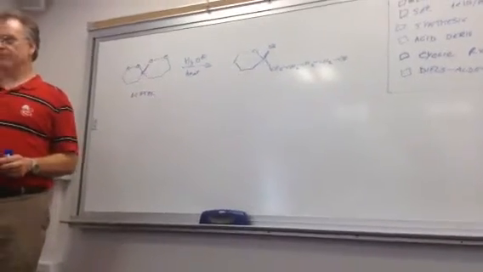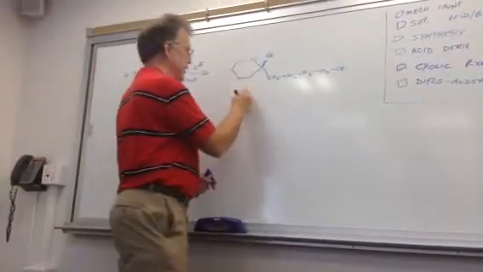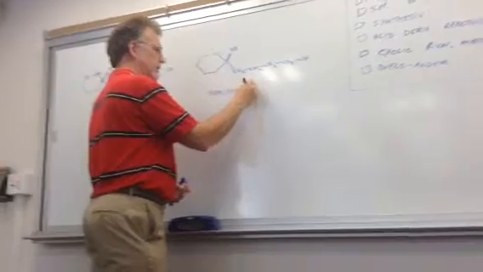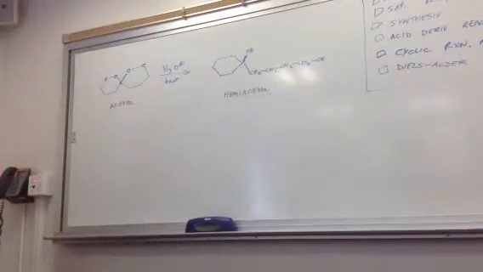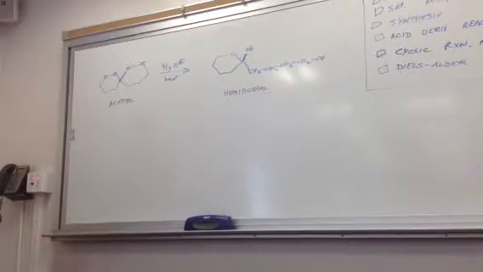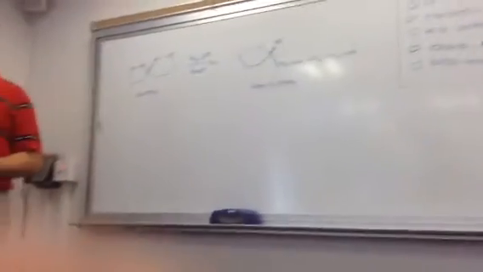What's the product? This is a hemiacetal. So it may look like a complicated structure, but this is the hydrolysis of an acetal to a hemiacetal. That's all it is. So you can get beyond the shrubbery of what the molecule looks like and try to put a label on starting material and product.